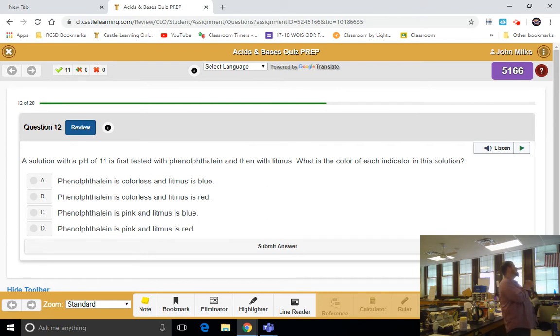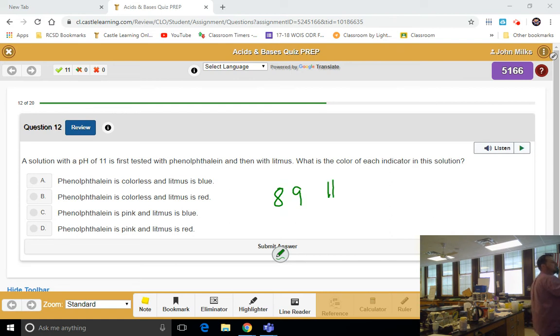A solution with a pH of 11 is first tested with phenolphthalein and then litmus. What is the color? Oh, this I need to use the reference table. We're going to play left, right, center. Phenolphthalein I know is from 8 to 9, and 11 would be on the right, and the color on the right is pink. So phenolphthalein colorless is out, pink is in, so I like that.